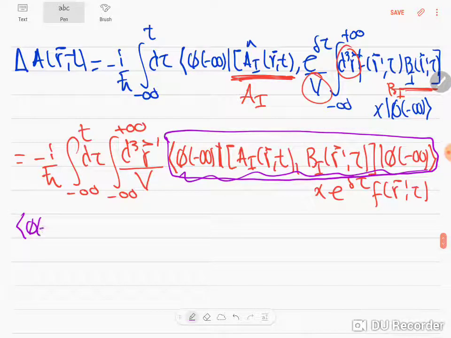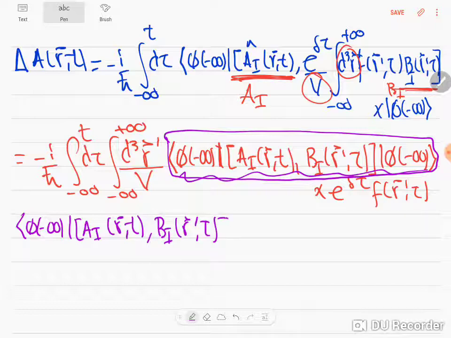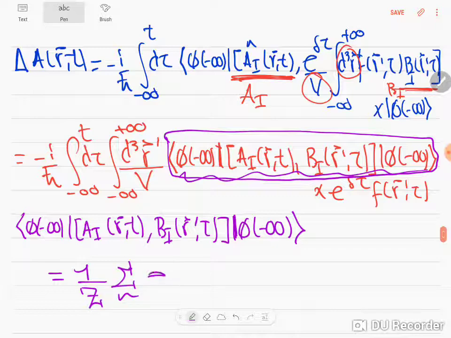Phi of minus infinity, A sub I of r comma t, comma B sub I of r prime comma tau, expectation value phi of minus infinity. This is a ket, phi in minus infinity, so this is equal to 1 over Z, the partition function, summation over n e to the minus beta E n.